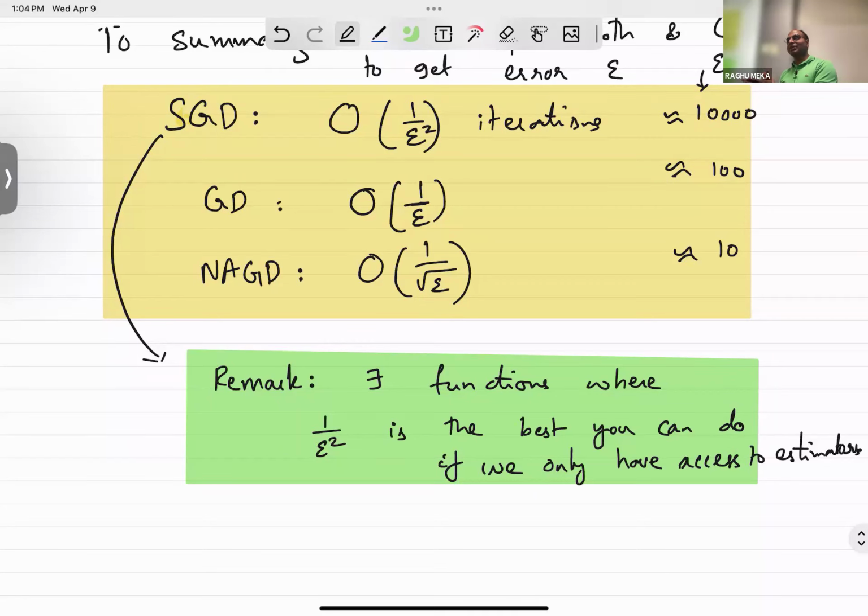If they're pointing in some direction, you want to aggregate it. But if there's noise, and sometimes you take a wrong step somewhere, it might get amplified more and more, which can really blow up in your face. So for first order methods where I only have access to an estimator of the gradient, SGD is the best possible. That's a complicated theorem to prove.